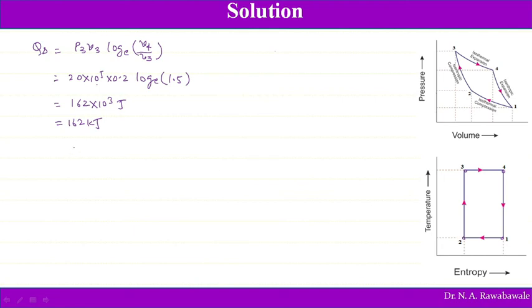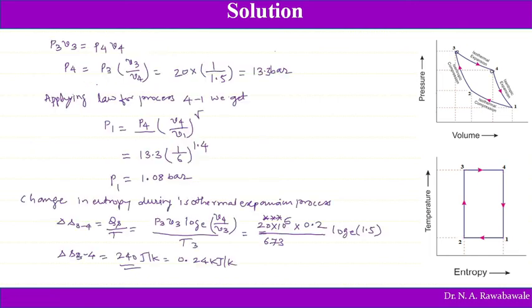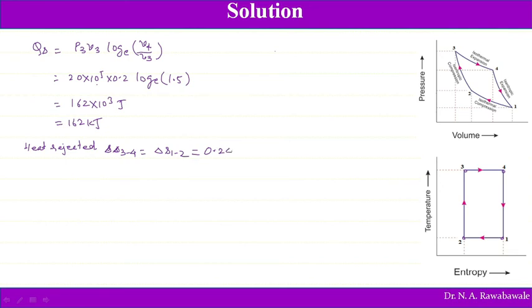So to find out heat rejected, delta S 3 to 4 is known, which is equal to delta S 1 to 2, and this change in entropy which we have obtained is 0.24 kilojoules per Kelvin.